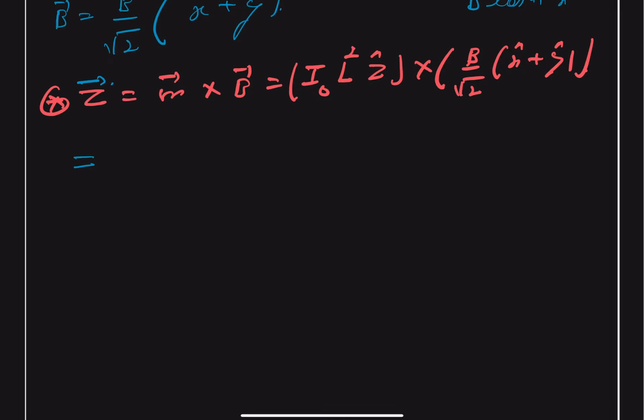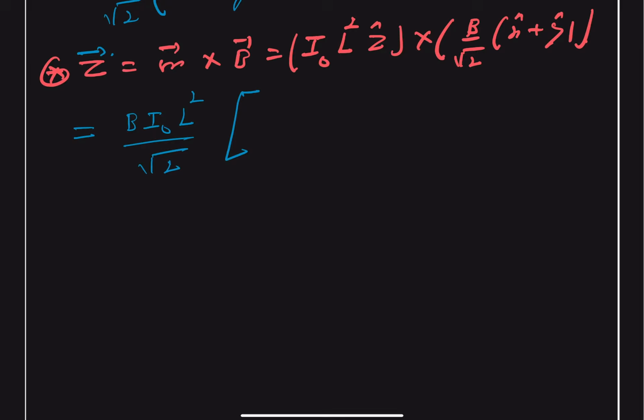we can take B I naught L square upon square root of 2, this will be common, and inside we are left with Z unit cross x unit plus Z unit cross y unit.